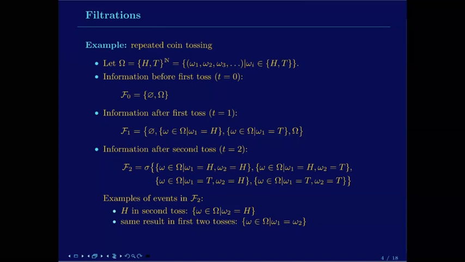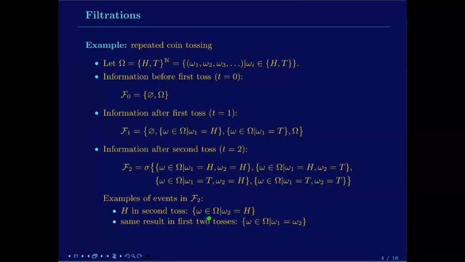Now, already after two tosses, the sigma algebra becomes too complex to write down here on the slide. But it's the smallest sigma algebra that contains these 4 events: all sequences that start with head-head, head-tail, tail-head, or tail-tail. Other events that are contained in the sigma algebra are, for instance, head in the second toss.